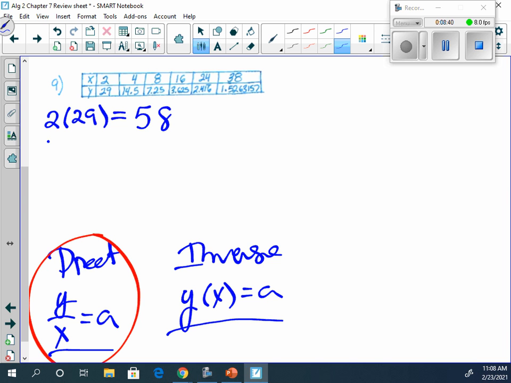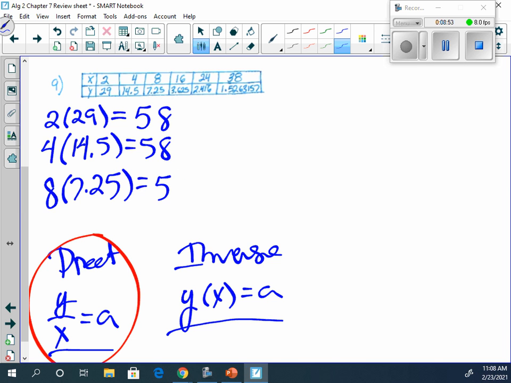Now the next one we can do is 4 times 14.5. Well, that works out to be 58. 8 times 7.25. If we plug that into a calculator, we get 58. If we do 16 times 3.625, we would get 58.